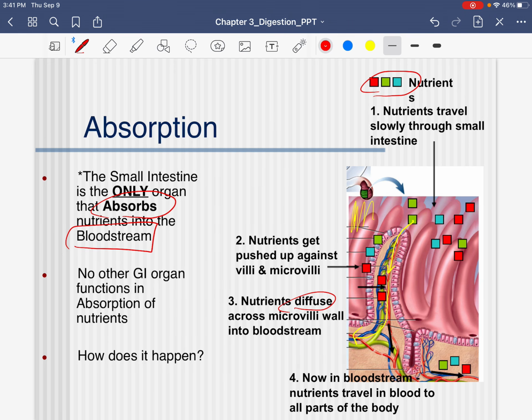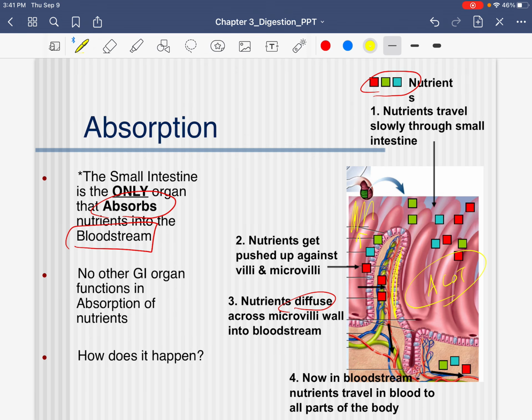And how do we do this? Diffusion. Movement of particles from high to low concentration. On one side of the villus, we have a lot of nutrients. We just broke down a bunch of food into nutrients. So in the small intestine, we got a bunch of nutrients.